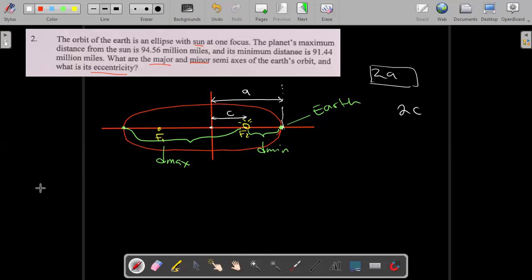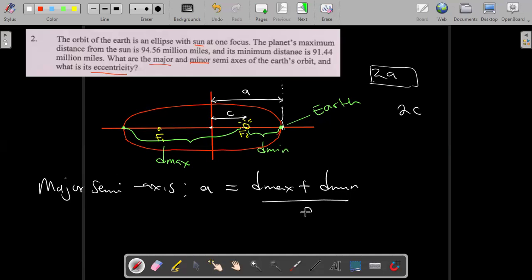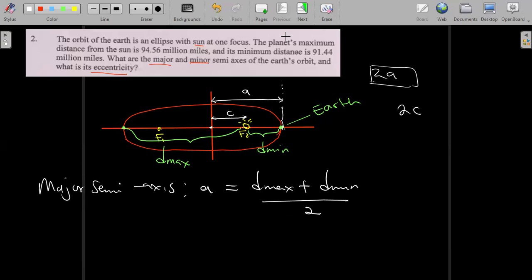So we say the major semi-axis is going to be a equal to the maximum distance plus the minimum distance, then divided by 2.